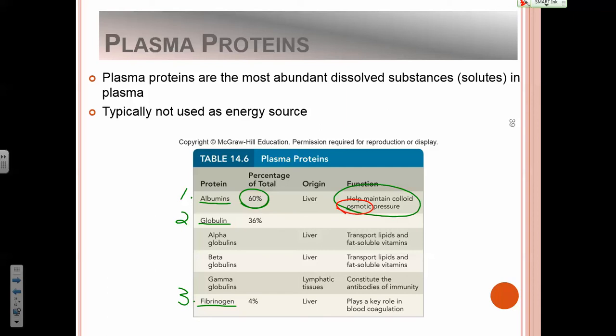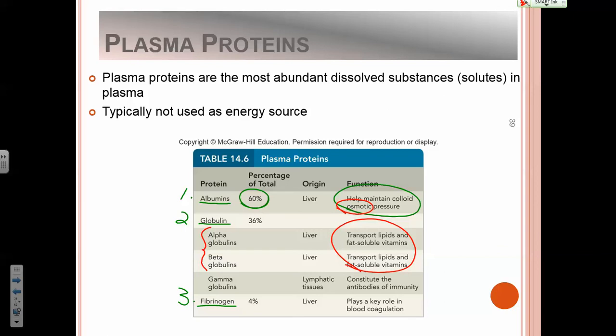Globulins, there's different kinds of globulins. We can lump the alpha and the beta globulins together, and what they do, anything that is lipid soluble can't dissolve in the blood plasma by itself, like lipid soluble hormones. Remember that? And so they have to bind to proteins in your blood, and the combination is dissolvable.